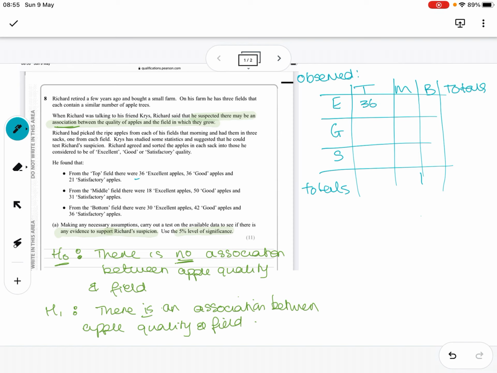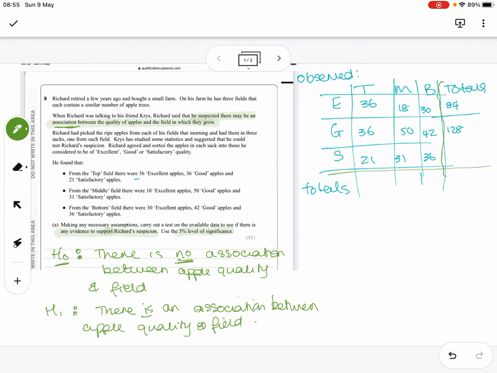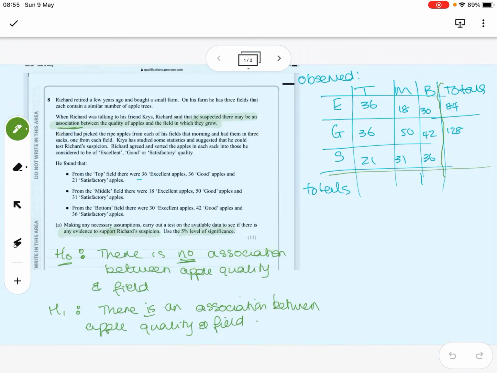The top field is 36, 36, 21, the middle was 18, 50, 31, and the bottom was 30, 42, 36. Adding up the totals, you get 84, 128, 88 and 93, 99, 108, and 300.